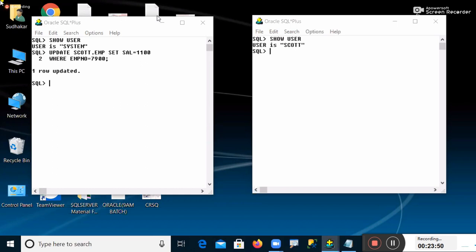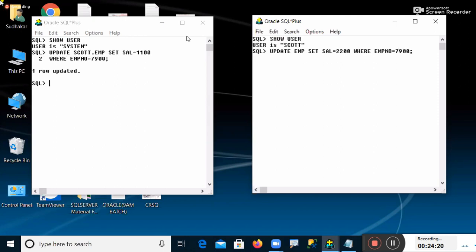Now, exactly at this point of time, the second user, Scott, is also doing a transaction. Unfortunately, Scott does: update emp set salary equal to 2200 where empno equals 7900.